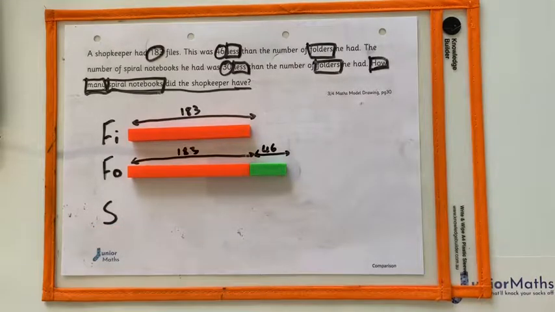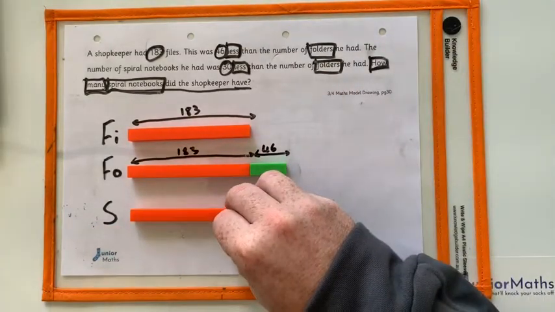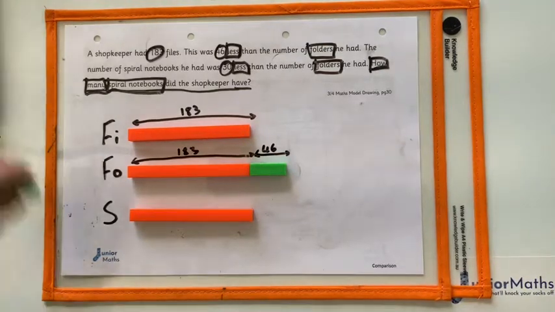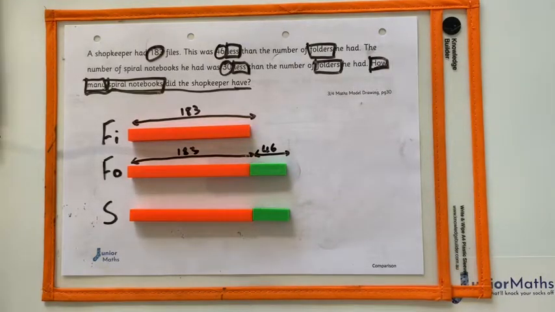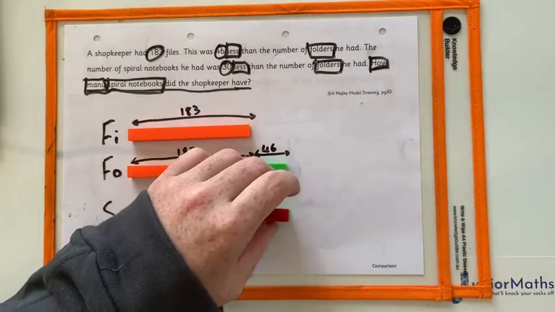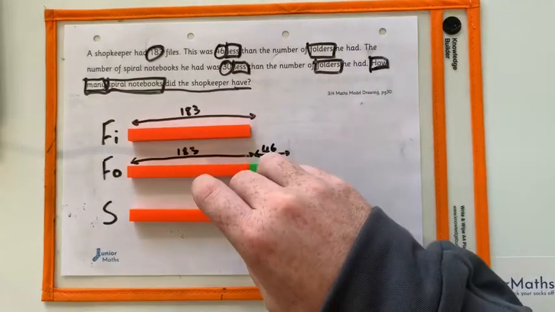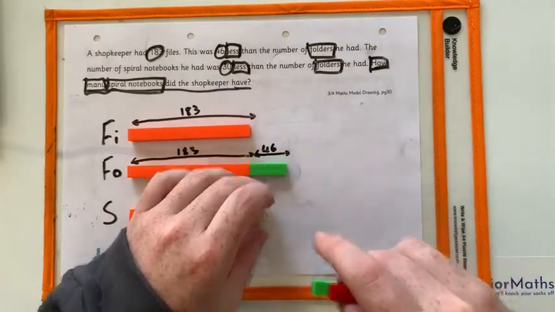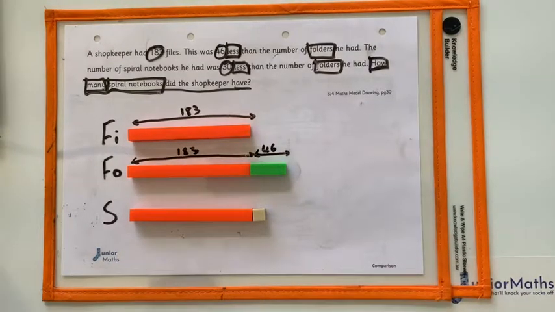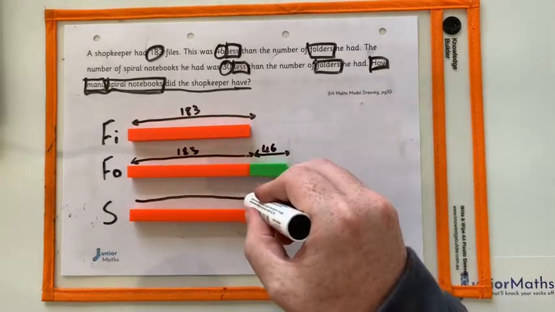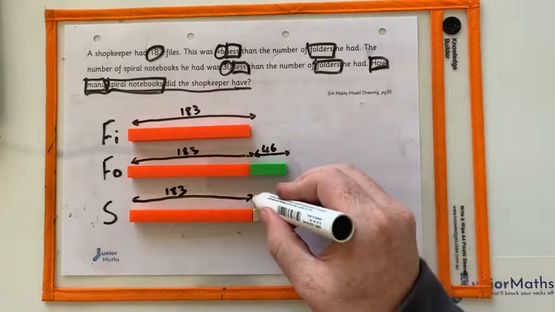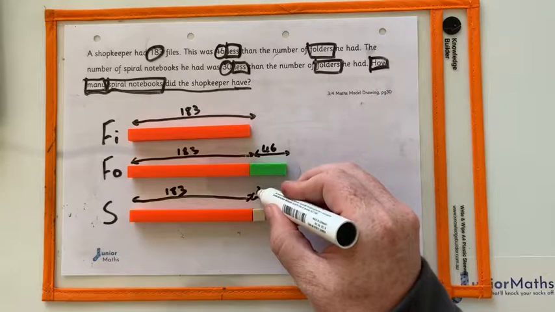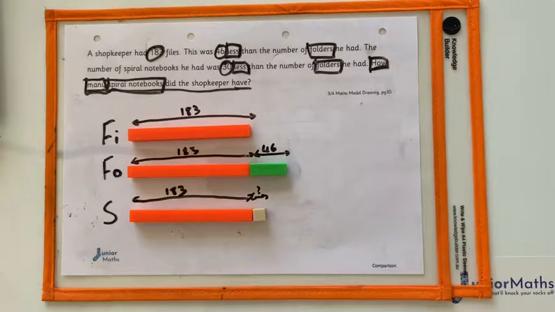And the number of spiral notebooks, if we start with the same as the folders, but then if we take away 30 roughly, we're left with this amount left behind. We need to find out what that amount is and add it to our 183. To find that, we need to identify this unknown number.